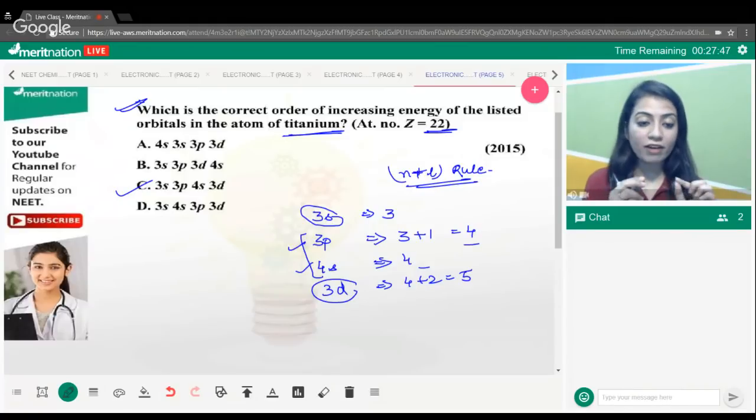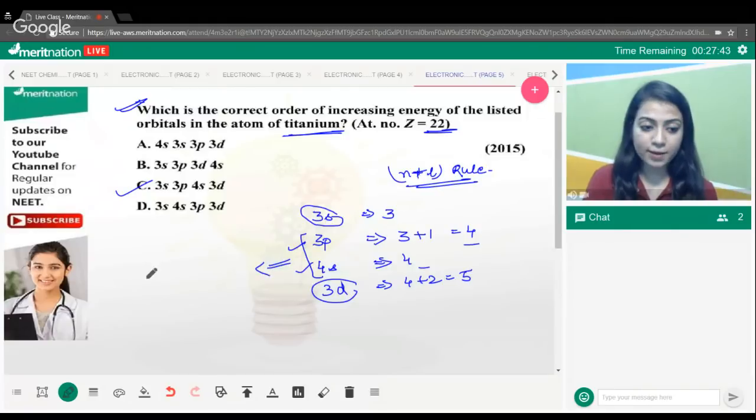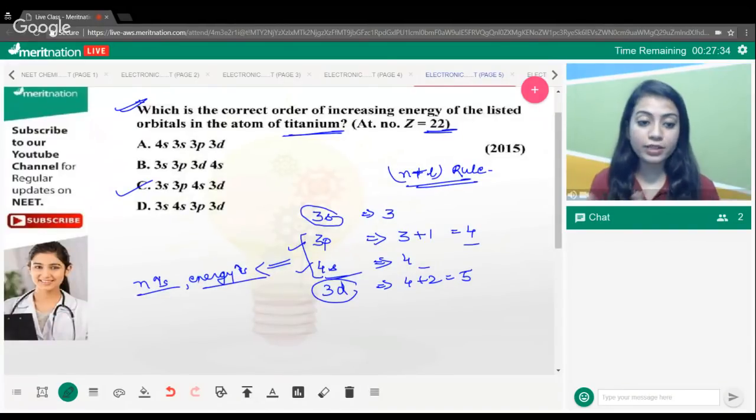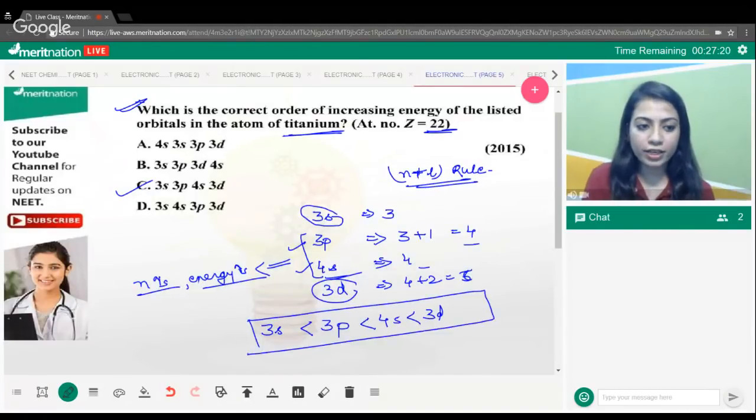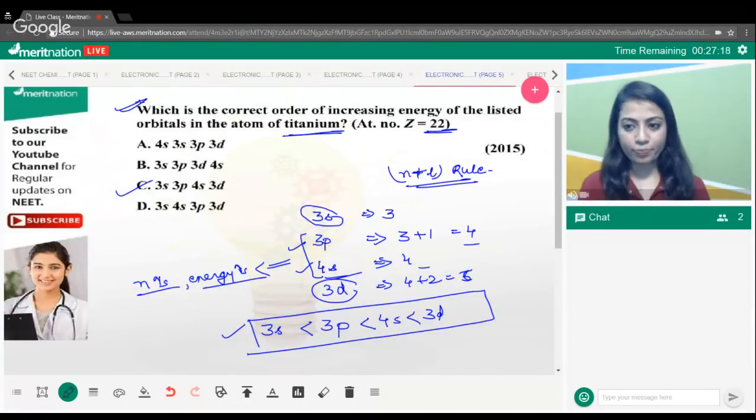In that case, you have to see the value of N. As N increases, the energy also increases. So in this case, 4s will have higher energy in comparison to 3p. So 3s will have the least. Yeah, C it is. 3s is least, then 3p, then 4s, and then 3d. So this is the order of increasing energy in the case of titanium.